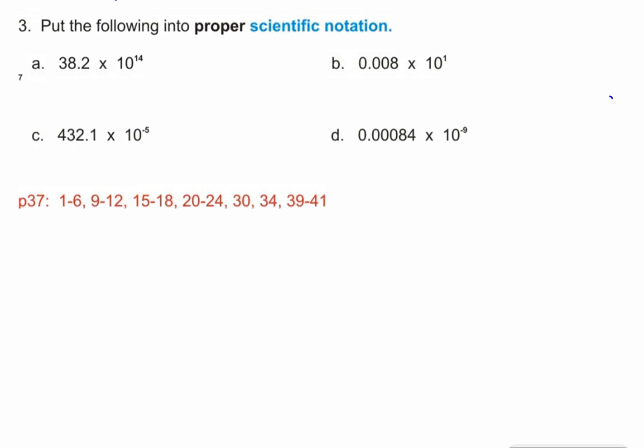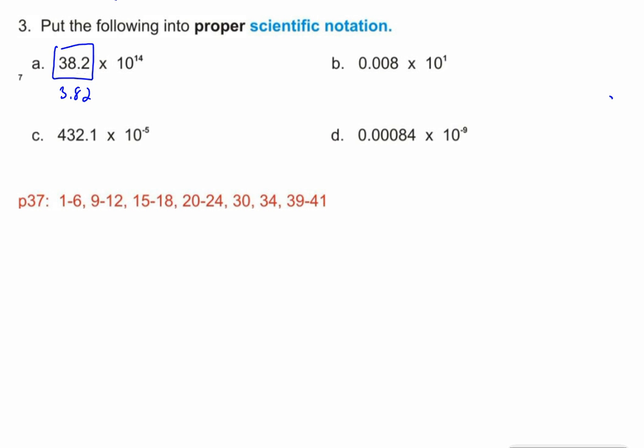Okay, put the following in proper scientific notation. This is a really important concept. Notice it already has a power of 10. But the first digit, it's not 3 point something, it's 38 point something. That's wrong. I needed it to be 3.82. I had to move my decimal point. Now watch.